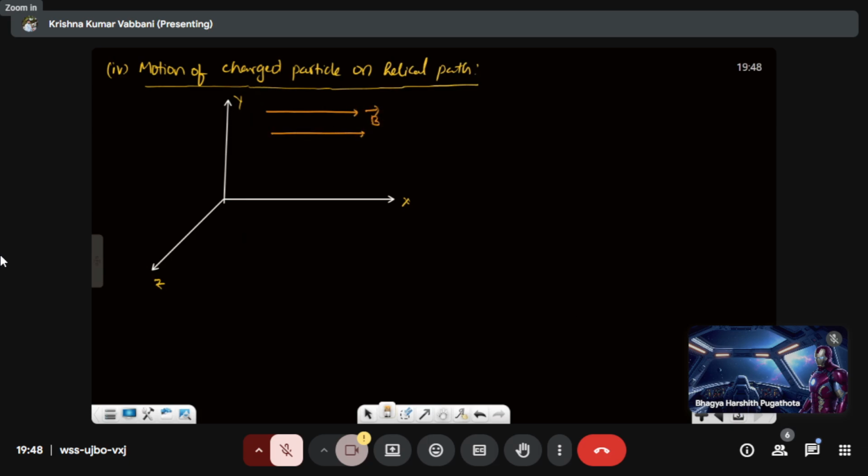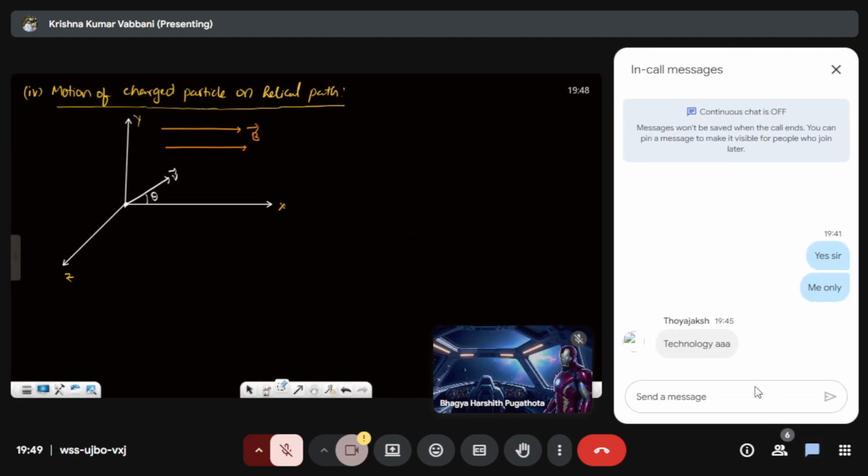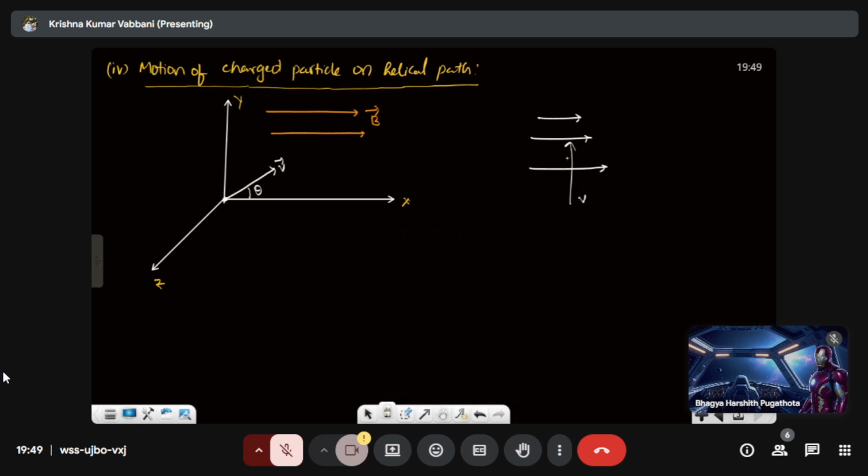Now I am giving the charge velocity not exactly like this, but with a certain angle theta. In the last class we discussed that with magnetic fields like this, if I give particle velocity perpendicular, it will circulate.